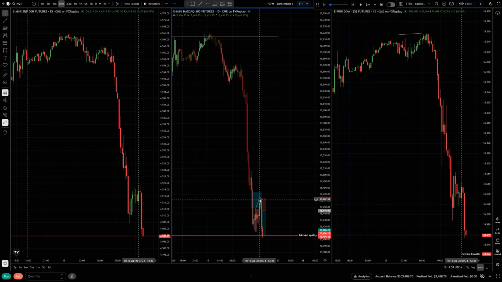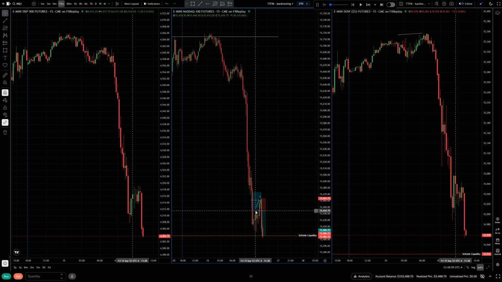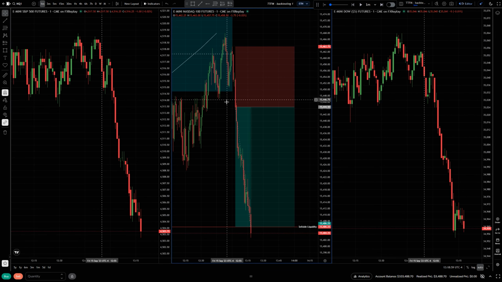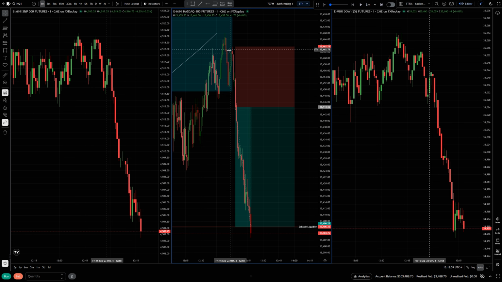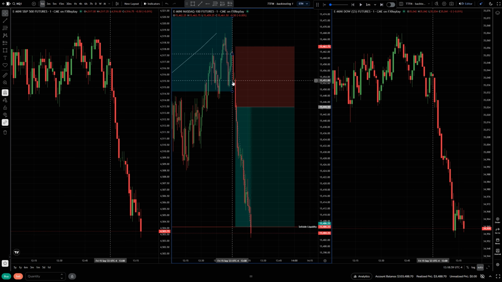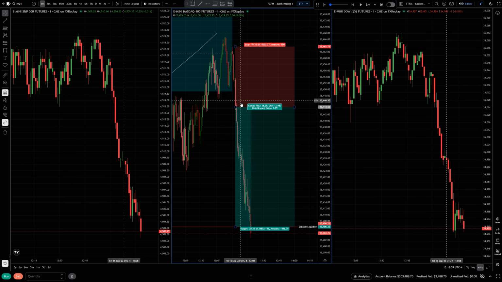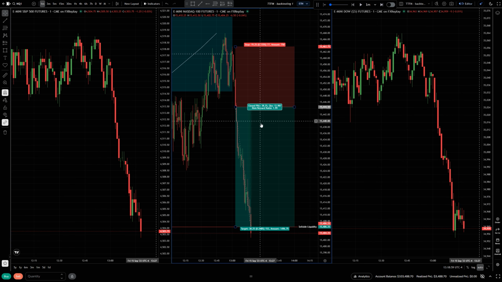after we saw that we had this two-stage SMT, I was waiting for all the assets to CISD, and I was waiting for NQ to see some more bearish reactions and close below this series of up-close candles here, and that came out here.